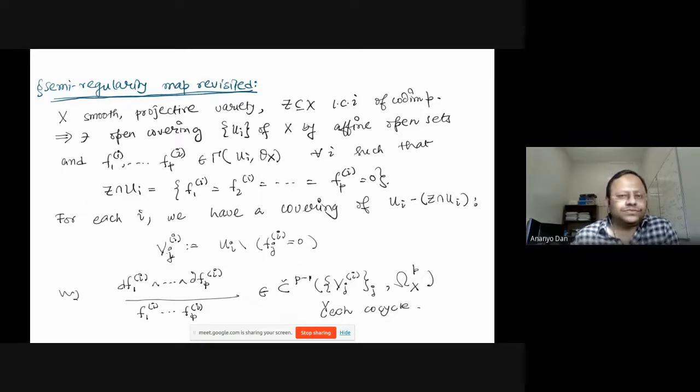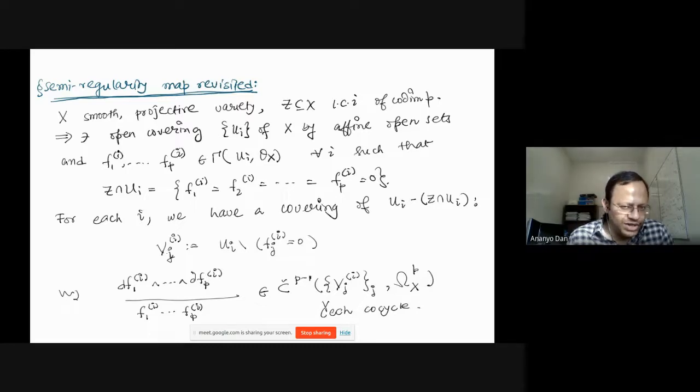cohomology. We start with a smooth projective variety. We take a local complete intersection subvariety of codimension p. In here, we take an open covering of this smooth projective variety, and in each of these open sets U_i, we have the condition that Z is really a complete intersection.